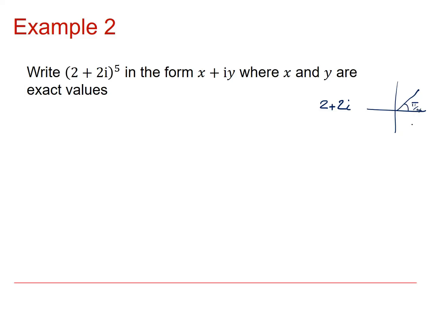I'll quickly see that that's an isosceles right angled triangle, and that length there is going to be 2 root 2. It's just the diagonal of a square of side 2.